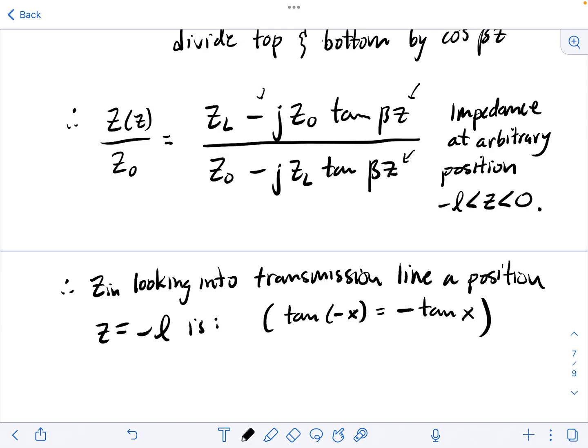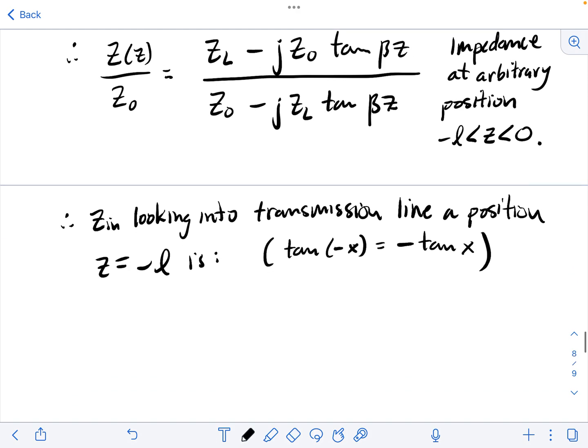The result is that the impedance at position minus L, which is defined to be our input impedance, is going to be, we have to multiply by the Z0 that we've been carrying around on the left hand side.